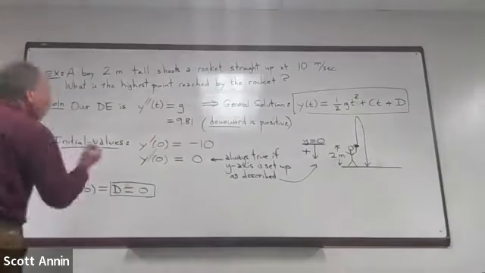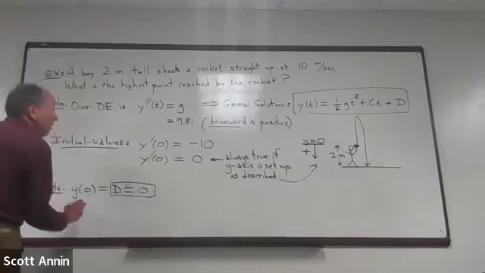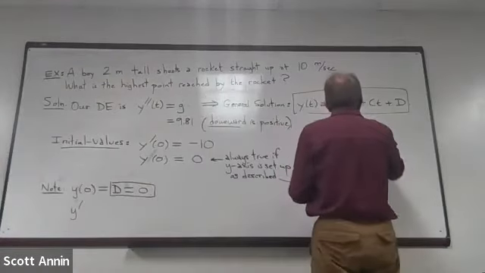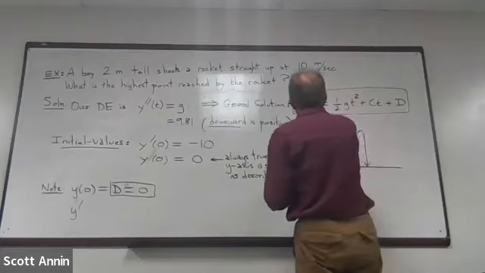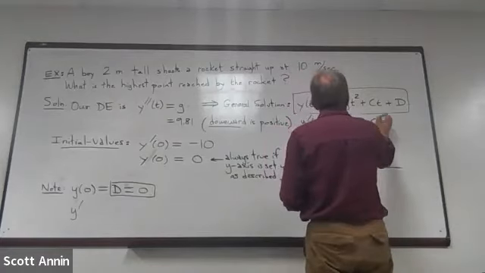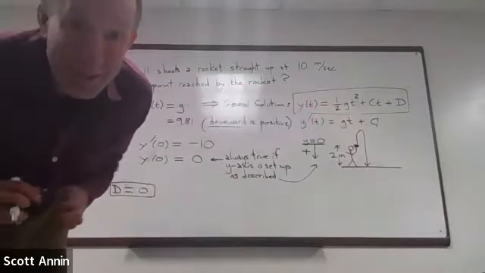And then also I'm going to look at the derivative. Maybe what I should do over here is take the derivative, y prime of t. We did this earlier, but just to get it back on the board again, the derivative of y is just gt plus c, right?